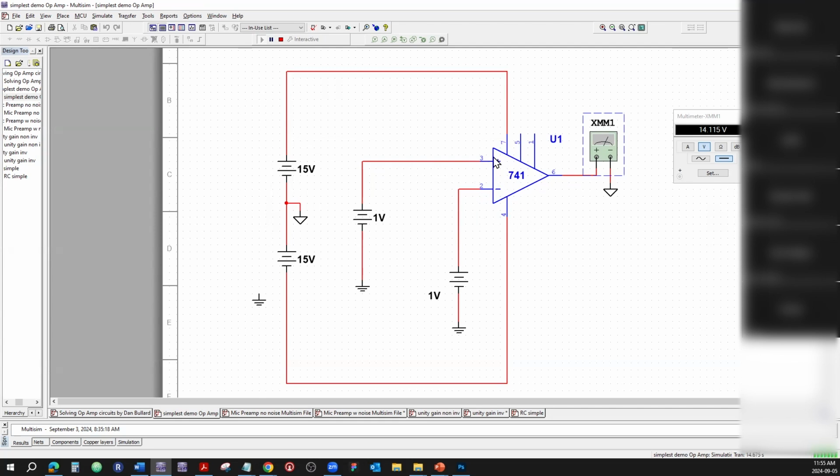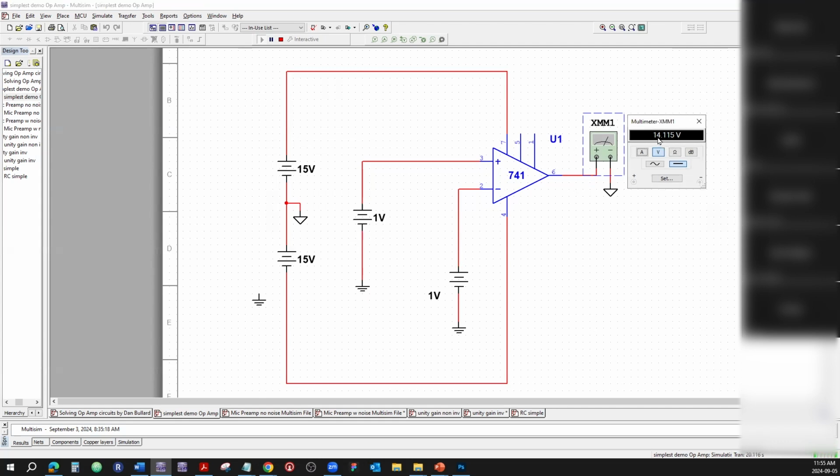If this non-inverting input is slightly higher than that, then the output is going to go, because of infinite gain, boom, all the way as far as it can, to the upper limit. Or if that one is slightly higher, then it's going to go the other way. Let's check it. So now it took us all the way up to the positive rail.